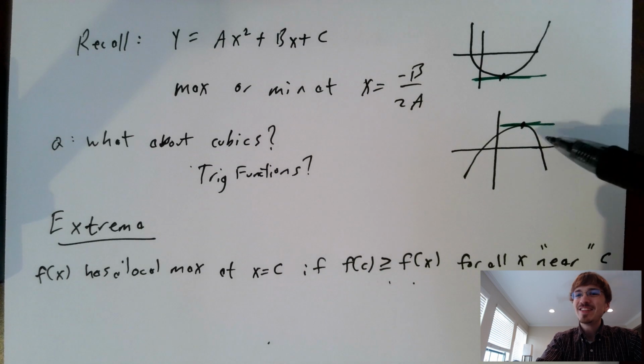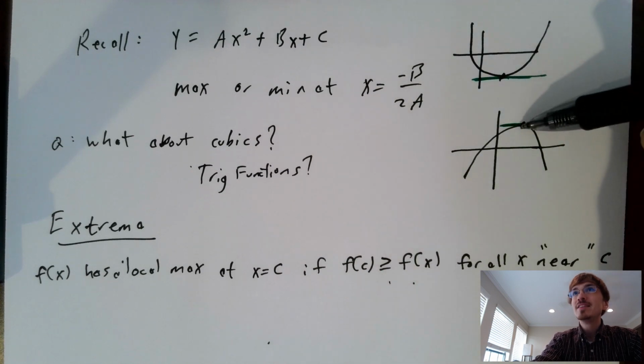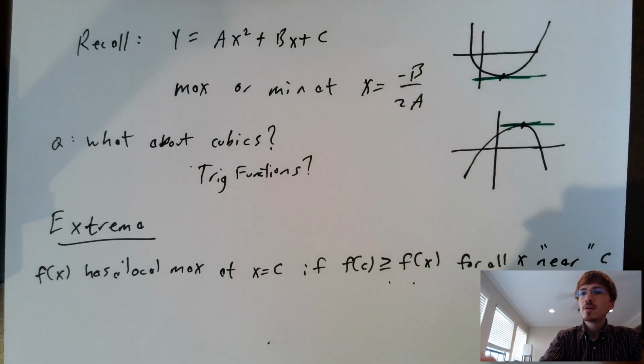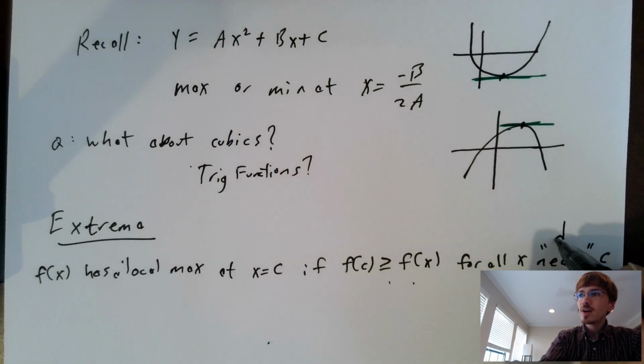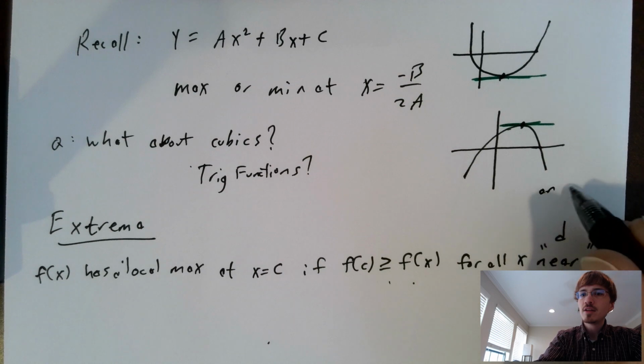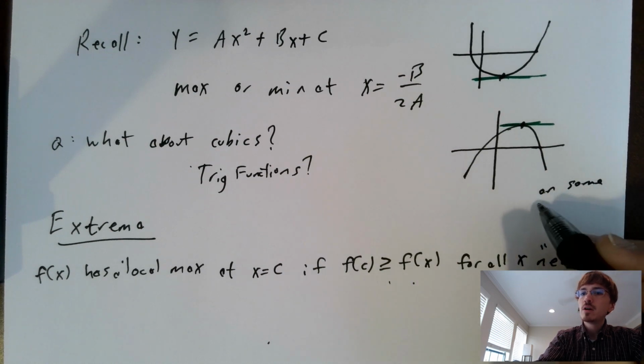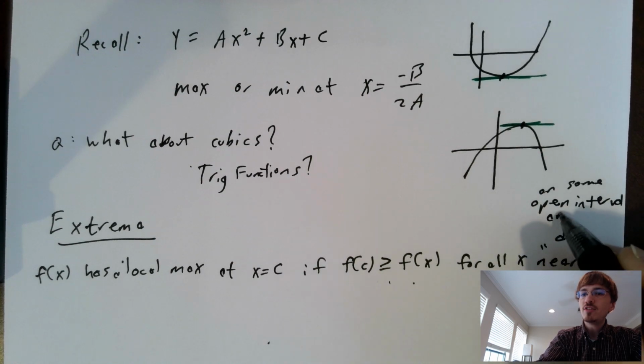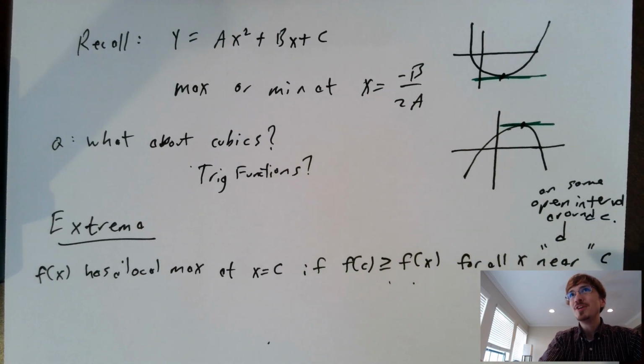The little black dot here has a larger function value than all the other function values near it. What does near mean? Near means on some open interval around c.